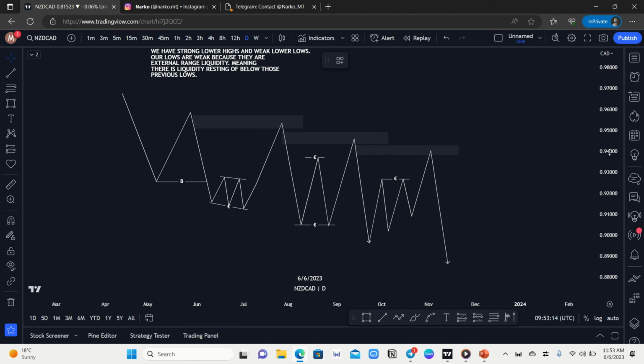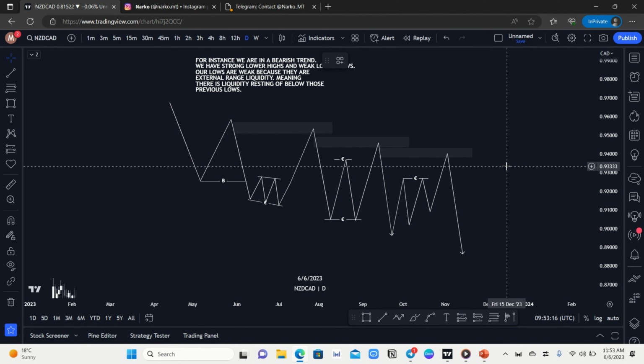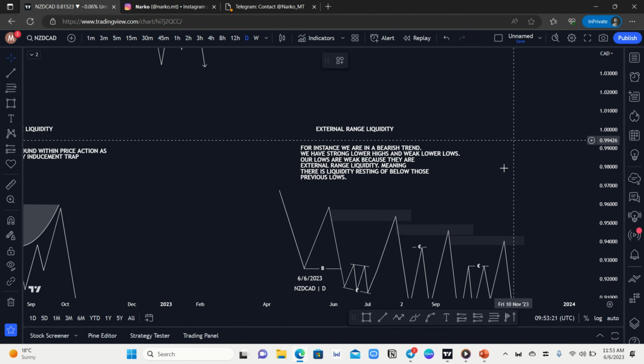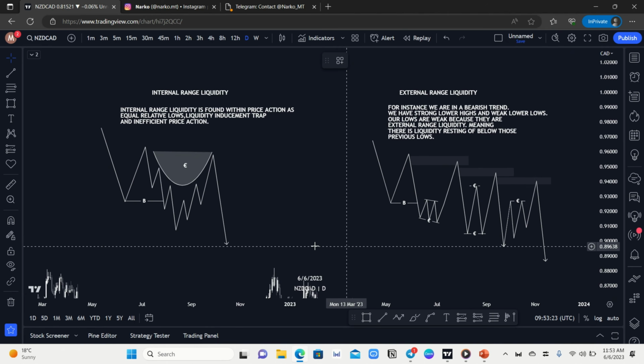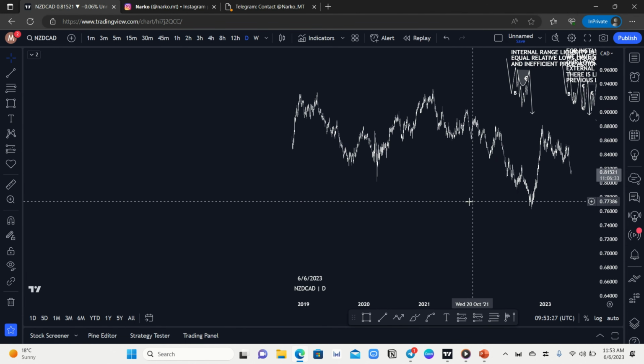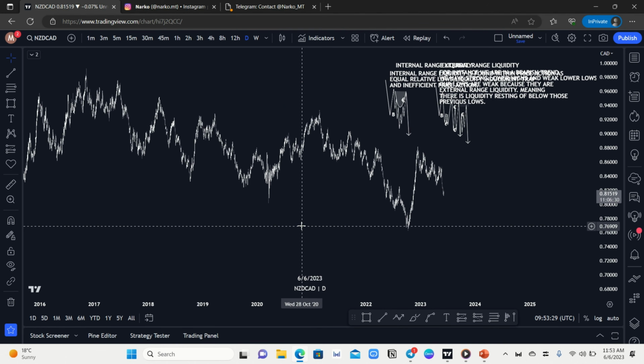So that's it for the theory part and the textbook examples. Now let's move to our real market examples. Here we have NZD on the daily time frame.